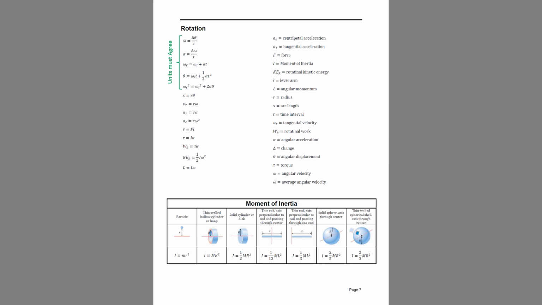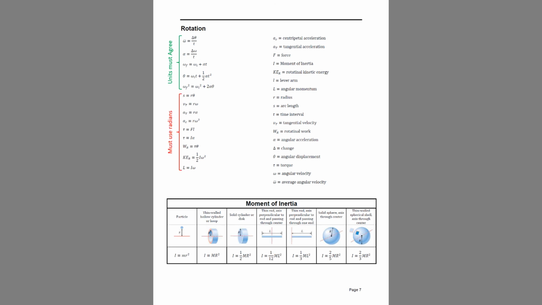Please note that for these formulas, which should look familiar, hopefully, the units must agree. So you could have revolutions as long as everything's in terms of revolutions and revolutions per second. But you wouldn't put in radians here and then revolutions per second here. You'd want it to be all radians or all revolutions.